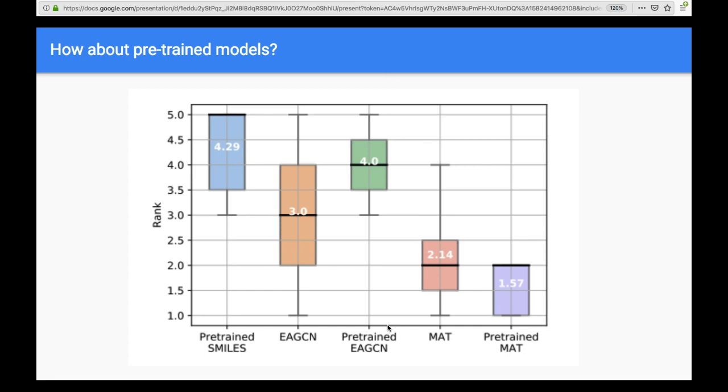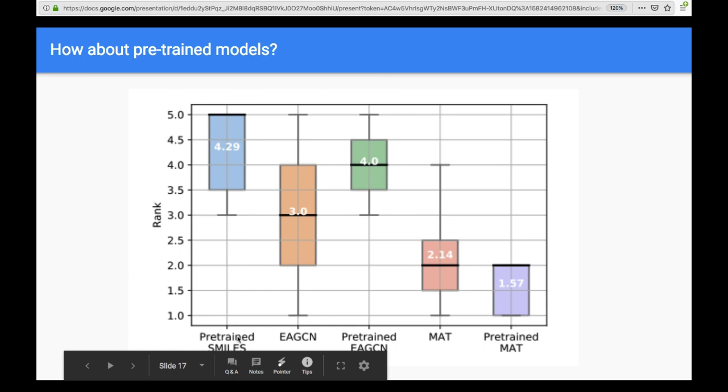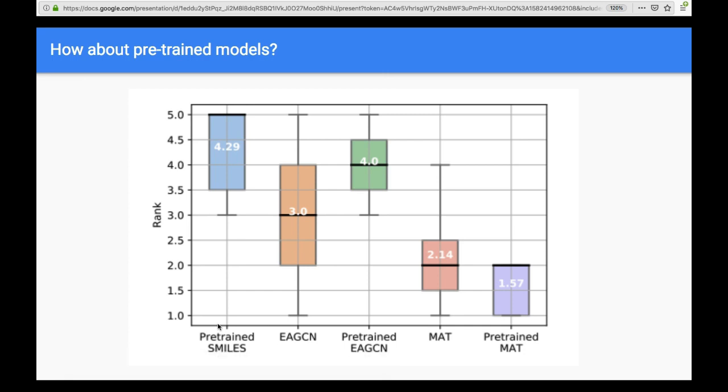And they found, and I think this is where it gets interesting, when they do the pre-training, the pre-trained model far outperforms the rest of the pre-trained models. This one is like the SMILES one. Basically, they also use a transformer approach, but they didn't modify the attention mechanism, and they also use the SMILES annotation.